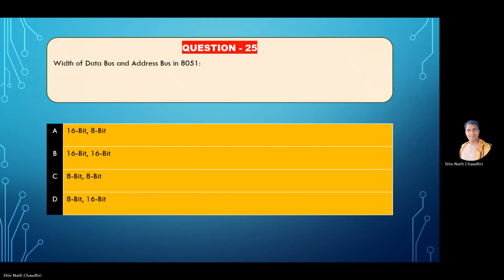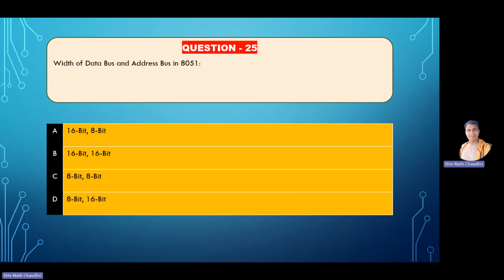Width of data bus and address bus in 8051. For shortcut purposes and to remember this, you should know this point. 8051 has similar width of data bus and address bus as the 8085 microprocessor.